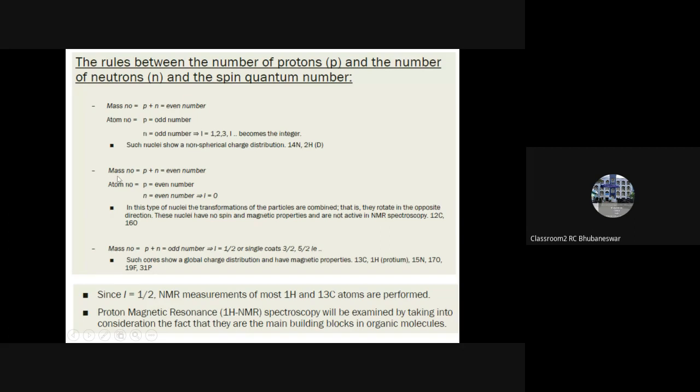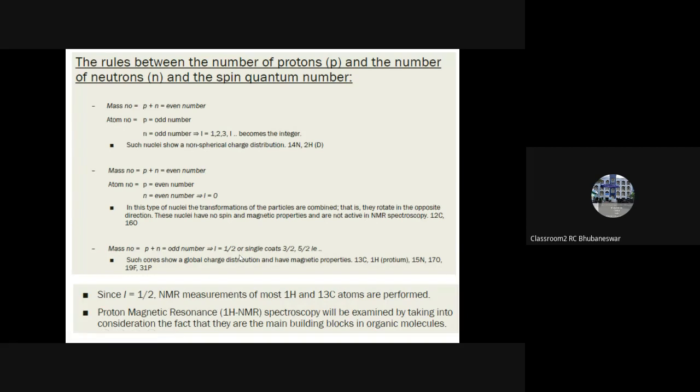If the mass number is even and the atomic number is even, then in this type of nuclei the spins of the particles are paired, and they rotate in opposite directions. And if the mass number is odd, then I will be a half integer, like 1/2, 3/2, 5/2.